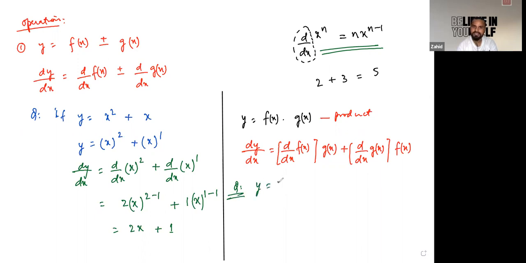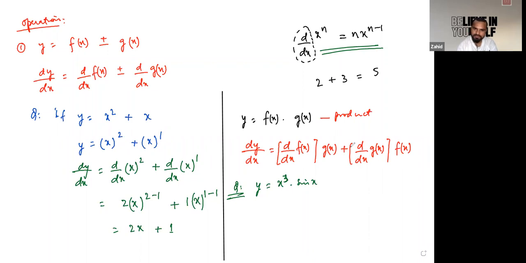If you have y equals x cubed times sine x, we have two different expressions. First is x cubed and second is sine x, and they are related by product or multiplication in between them.